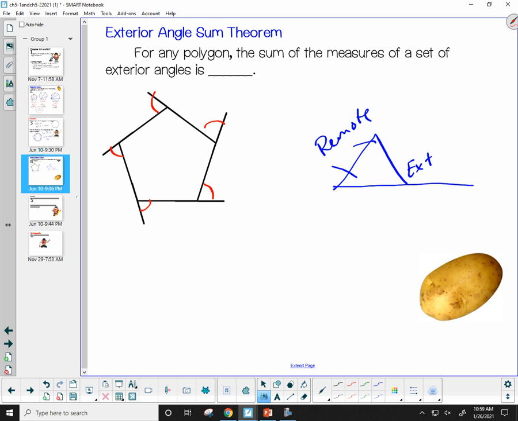So I want to know, first of all, what is the sum of my interior angles? So that's what we just did. Take your n minus 2, multiply by 180.